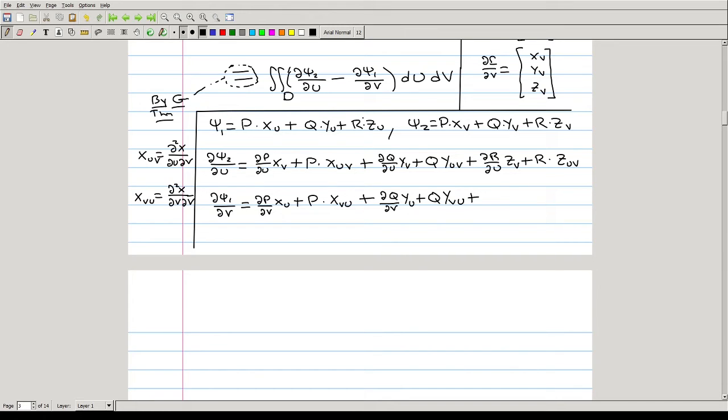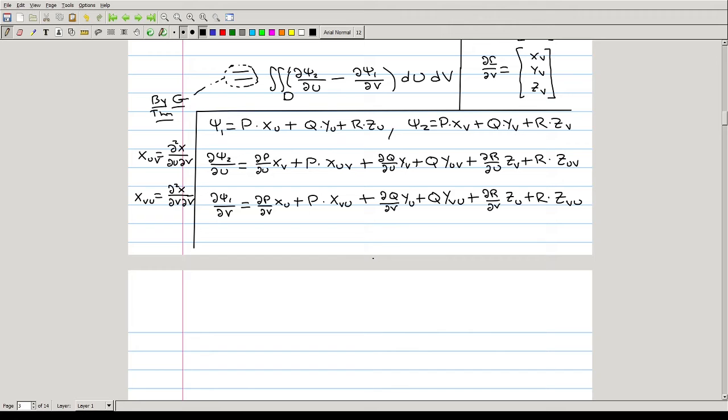Then lastly, the v partial derivative of this, which will be dr/dv times z_u plus r times z_vu.